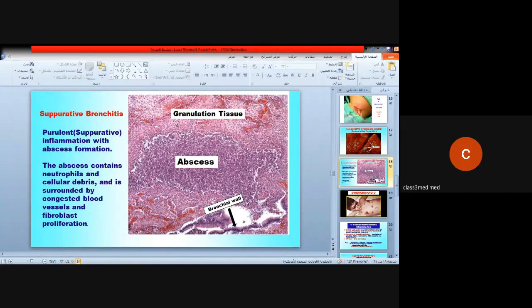The granulation tissue is a tissue of healing. The healing starts by formation of granulation tissue, then granulation tissue matures to fibrous tissue. This abscess tries to heal by fibrosis.